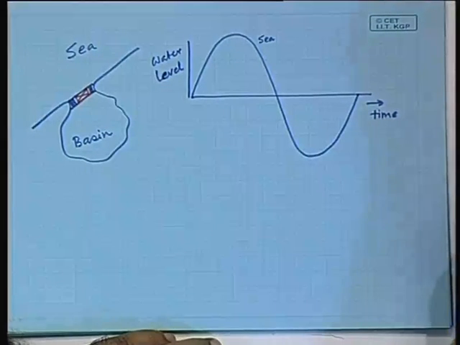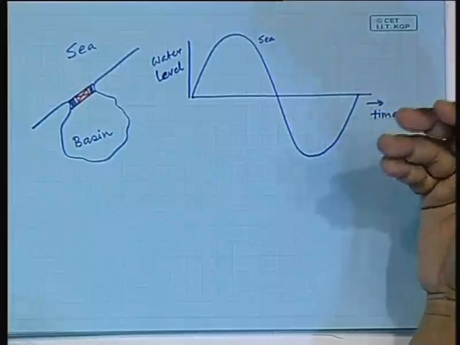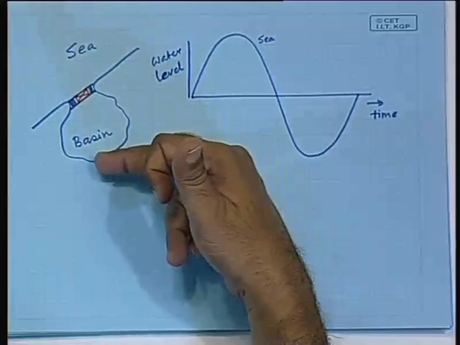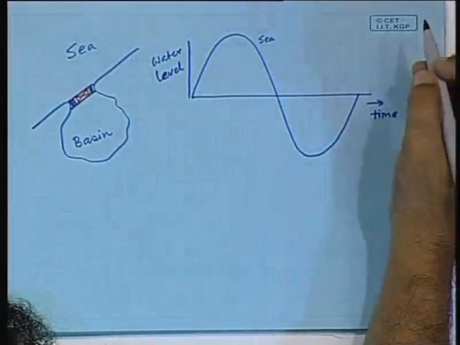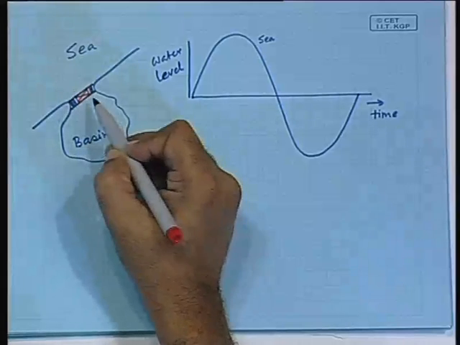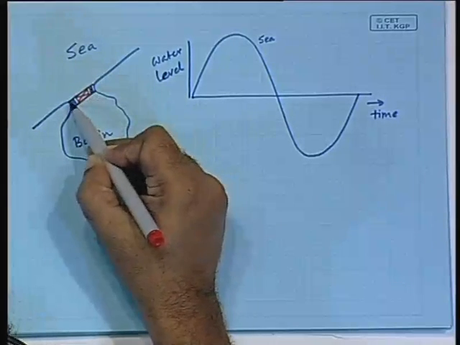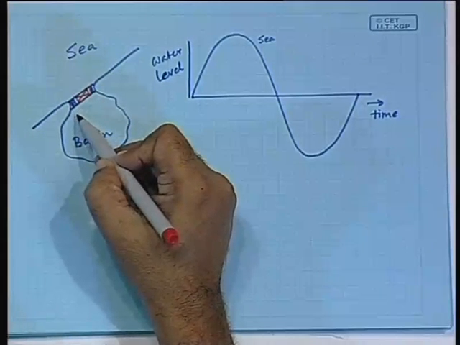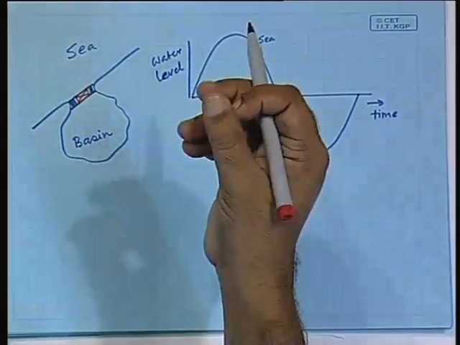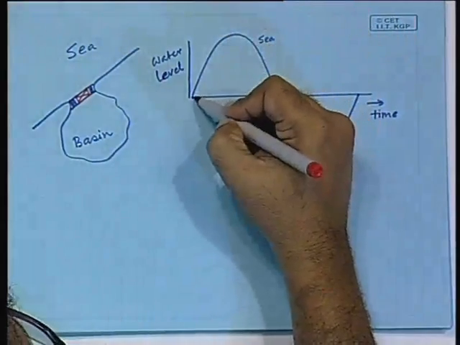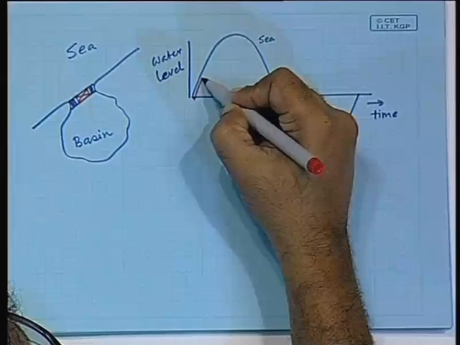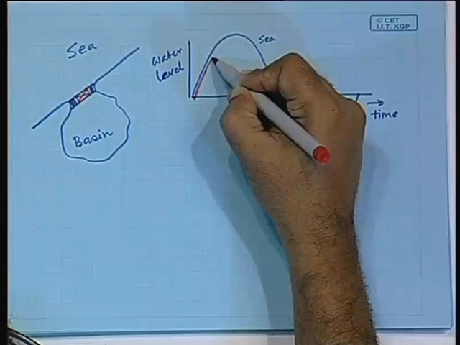Okay. Now, how will the basin water level react? Here we are talking about a one-way turbine. The basin water level during the high tide, remember what is happening? You have the sluice gates open, and therefore the basin water level very closely follows the sea water level, which means that it will go like this.